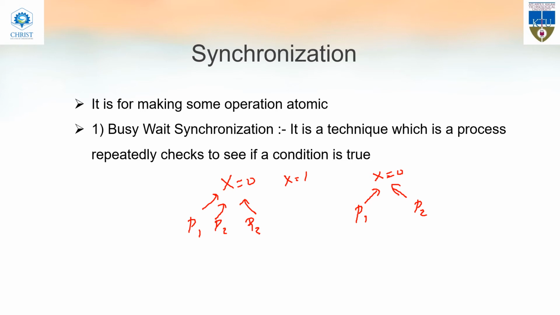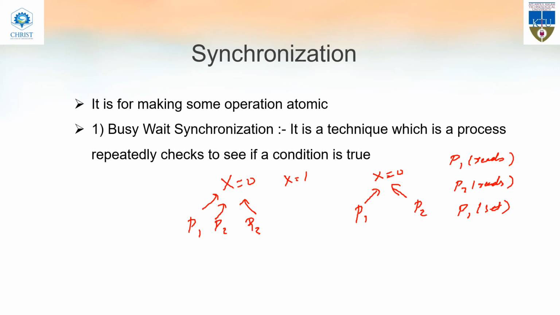P1 reads x. Before P1 sets x equal to 1, P2 reads x. So P2 also sees that x equals 0, so it also can access the resource. Then P1 sets the value of x to 1, so P1 gets the resource.